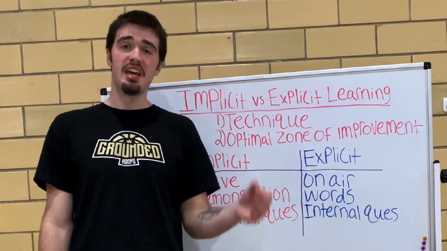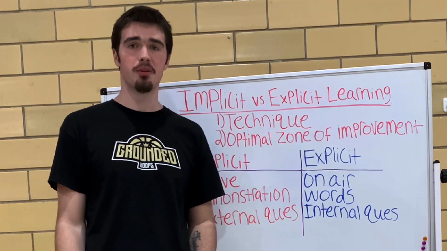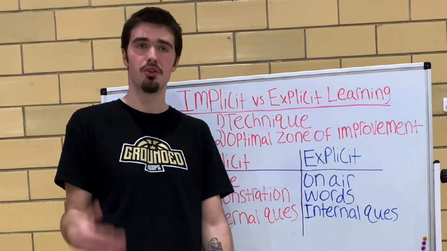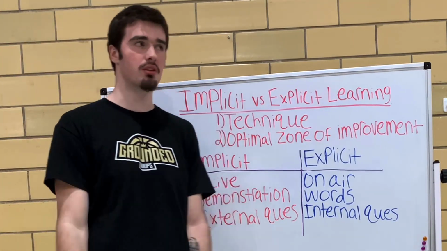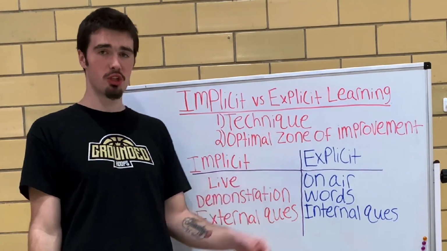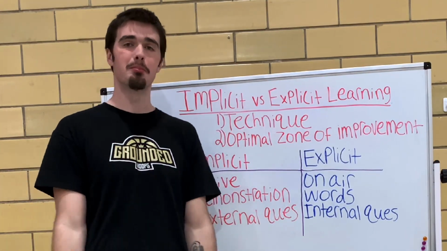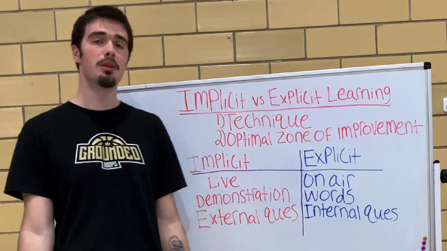If something is too difficult, you're kind of defeated mentally, you know there's nothing you can do, and you mentally check out. So optimal zone of improvement, implicit learning is right in the money spot.